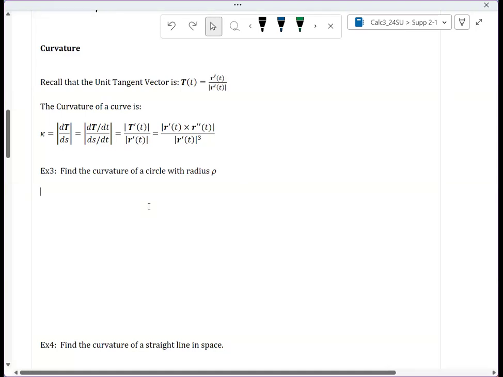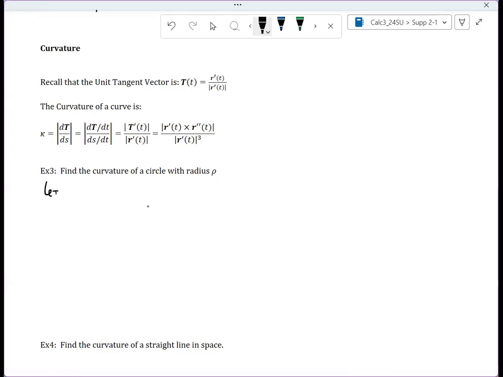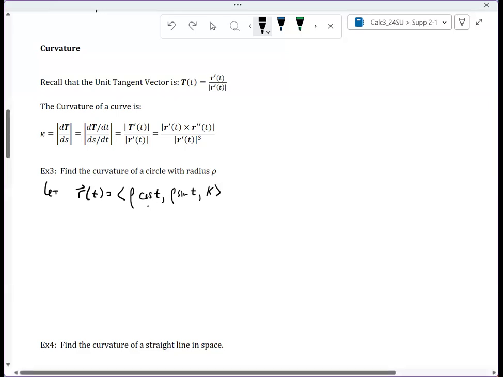So let's suppose that we have a space curve, r bar of t equals rho cos t, rho sine t, and then we'll just say some number k for the third component. So here in a plane z equals k, a plane parallel to the xy plane, we just have traced out a circle of radius rho that's centered at the z-axis.